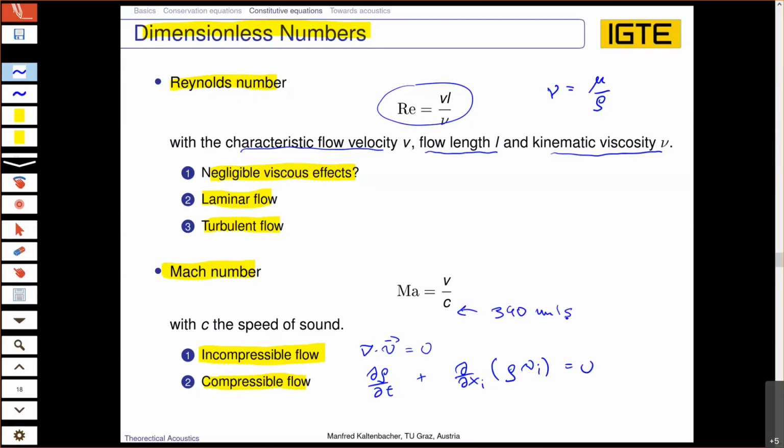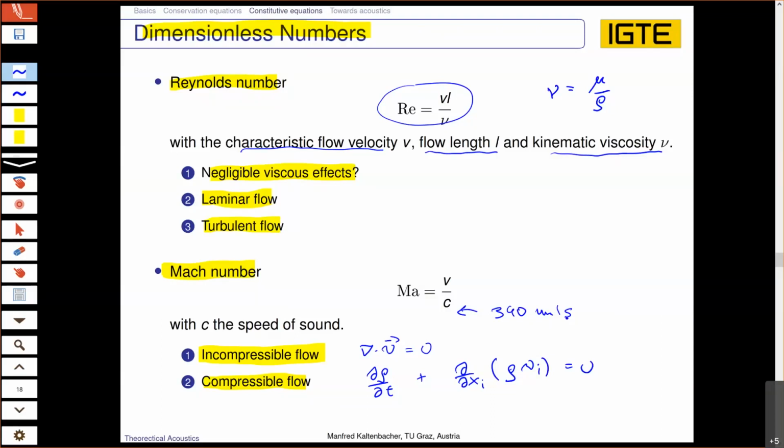And if you are in airplanes and you look there at the nozzles, for example, of the engines, then we are in a similar range. But if you look at the flow around a car, even if you are driving 150, 200 kilometers per hour, you will have a Mach number of about 0.1 to 0.2.